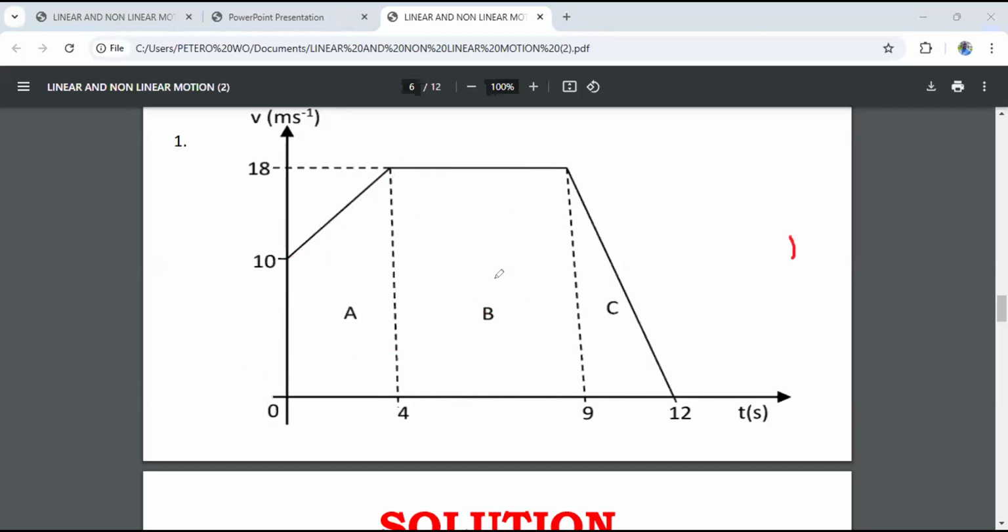This whole area which is under the graph is the area that we are going to be finding.